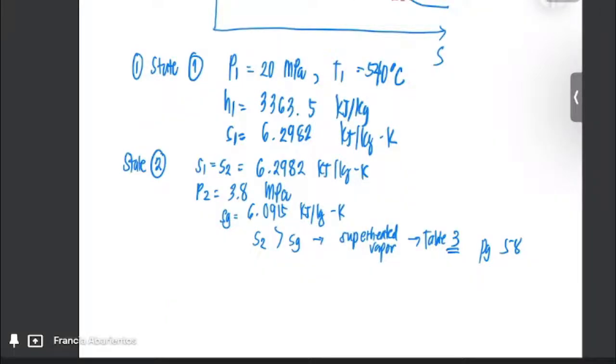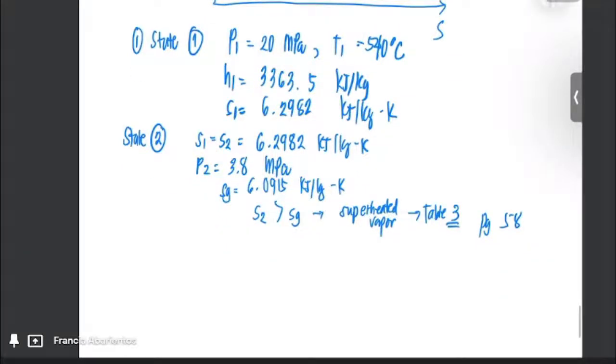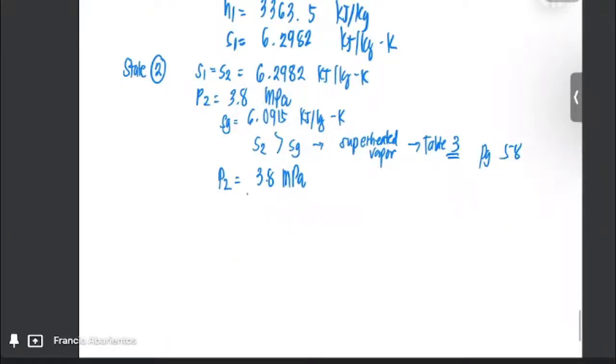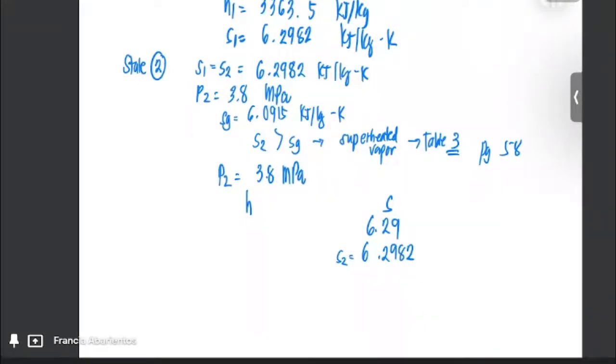So, we need to interpolate. Ang basehan natin is the 3.8 MPa. Punta ka dun sa H and the S. Ang given sa atin na S2, hahanapin mo yan, 6.2982. We have 6.2925 and 6.3191. Interpolate nyo na class ito.